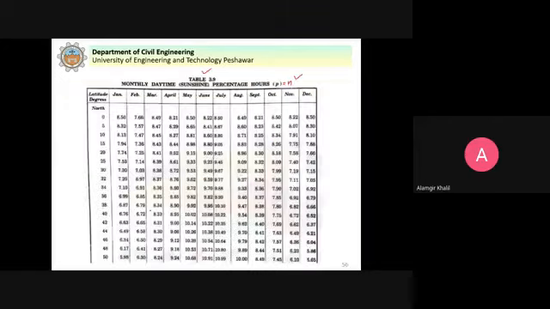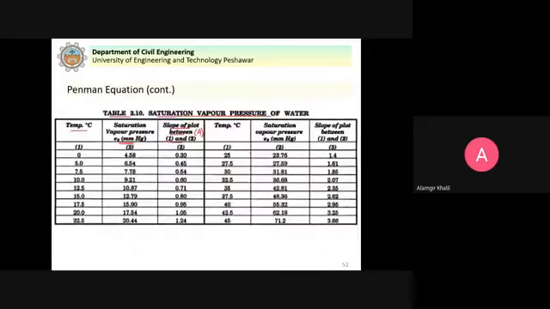So we are given the temperature. For the mean temperature, that is 15° centigrade or Celsius, we go to table 3.10. You can see here, we go to this table 3.10, and we are given the temperature 15° centigrade.